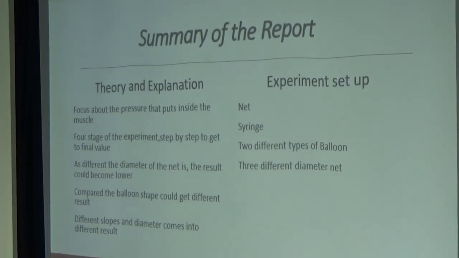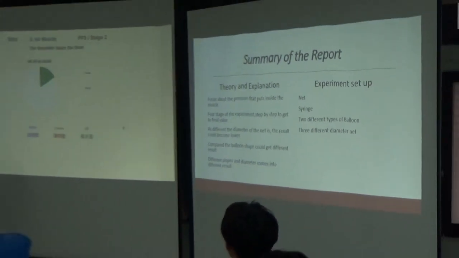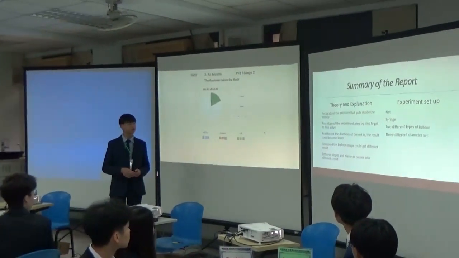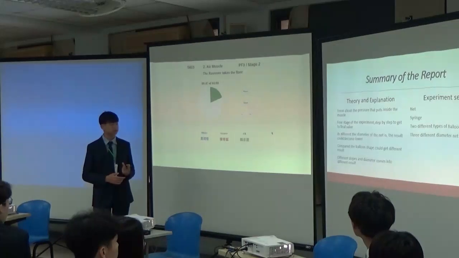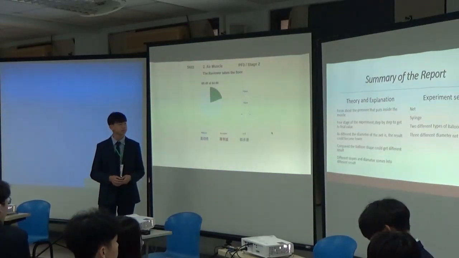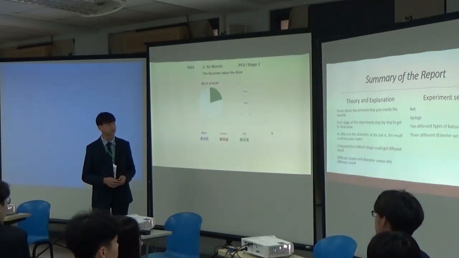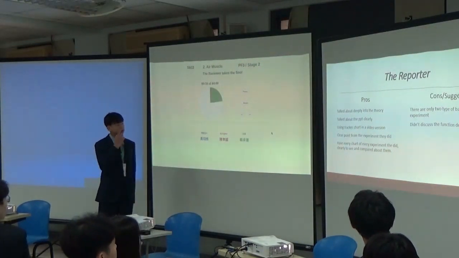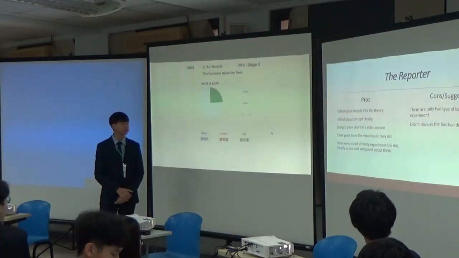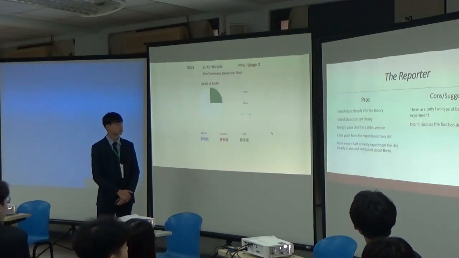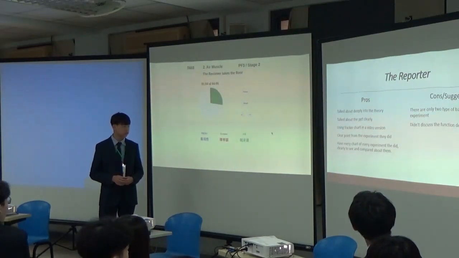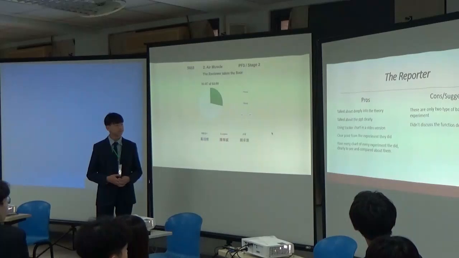As the diameter of the net differs, the result could become lower. Compare the balloon shapes to get different results. About the experiment setup: net, syringe, 2 different types of balloon, and 3 different diameter nets. The reporter's pros: talked deeply about the theory and presented the PowerPoint clearly, using Tracker in the video version.